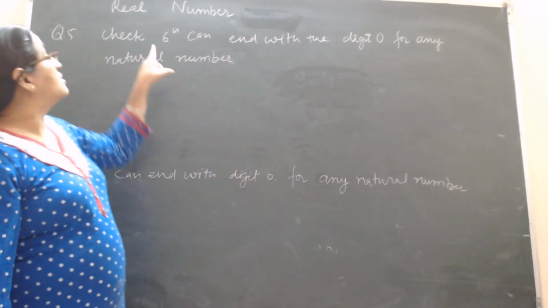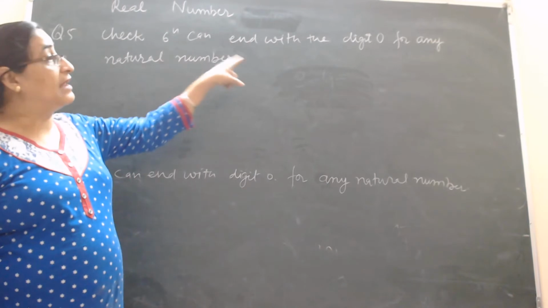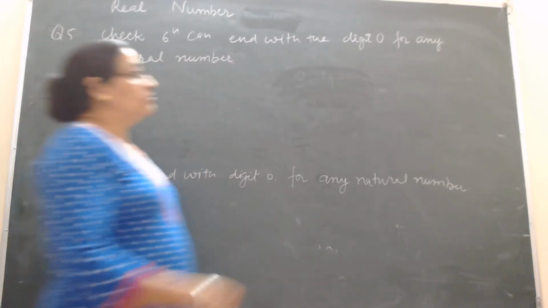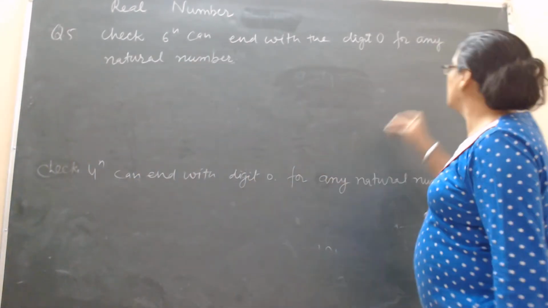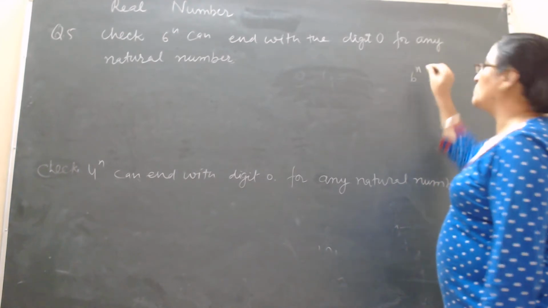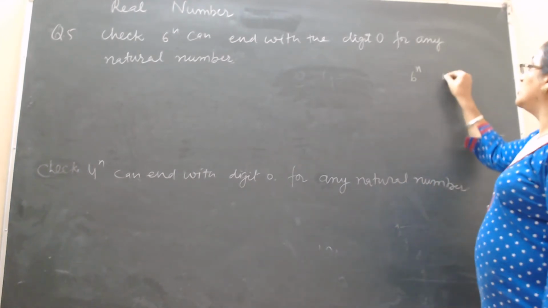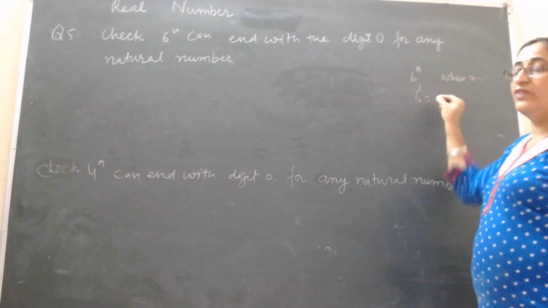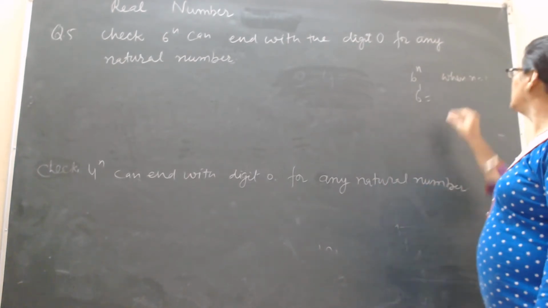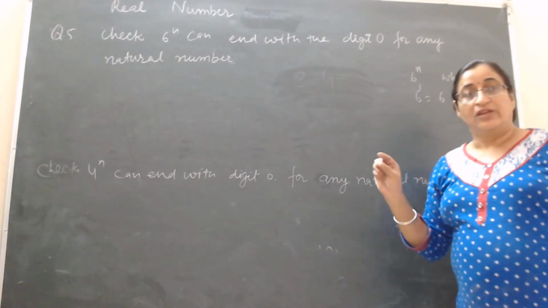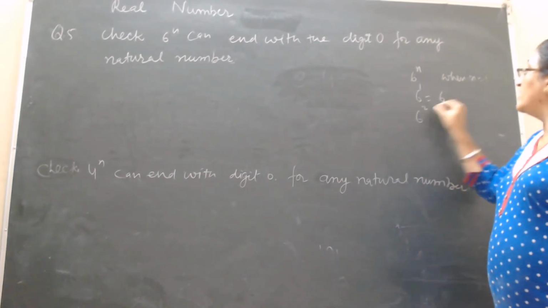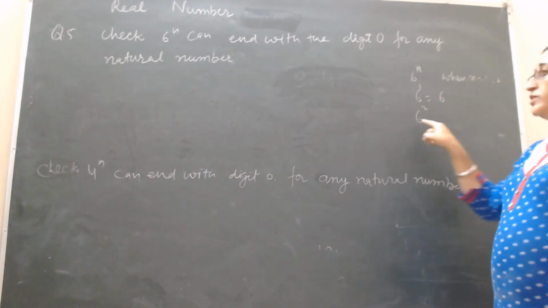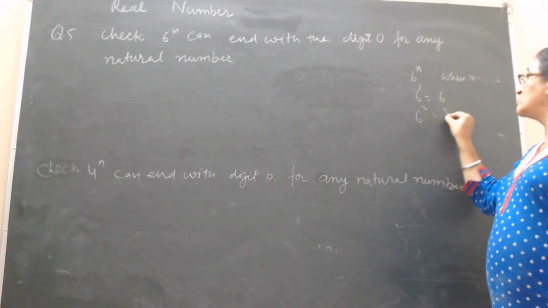Now our question is: check whether 6 raised to power n can end with digit 0. Roughly, we observe that when n is equal to 1, 6 raised to power 1 is equal to 6. When n is equal to 2, 6 raised to power 2 is equal to 36.